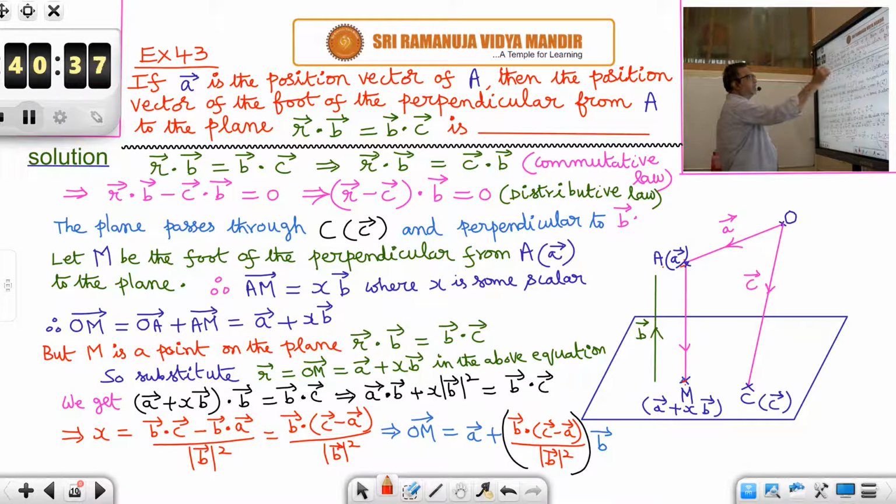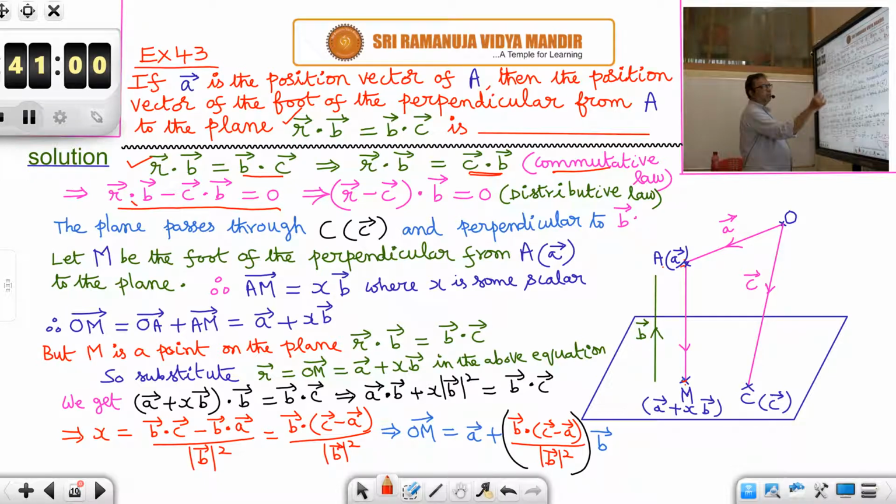Let us take the equation of the given plane, R bar dot B bar is equal to B bar dot C bar. Right hand side B bar dot C bar, I am just writing it as C bar dot B bar because the commutative law holds good for dot product. Now take this C bar dot B bar to the left side. R bar dot B bar minus C bar dot B bar is equal to 0.